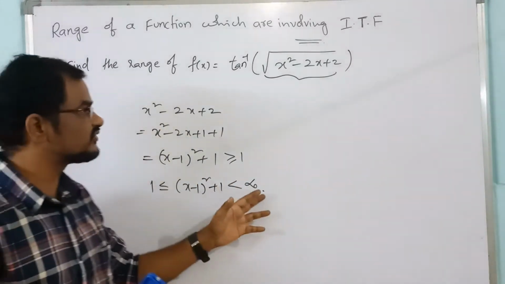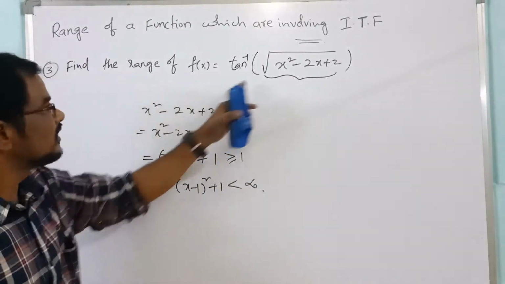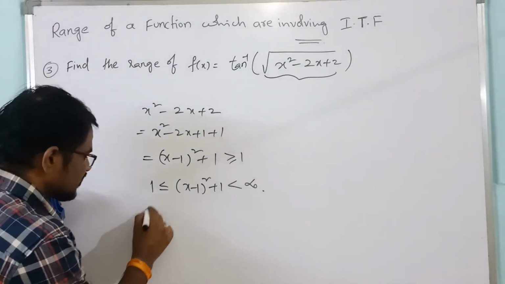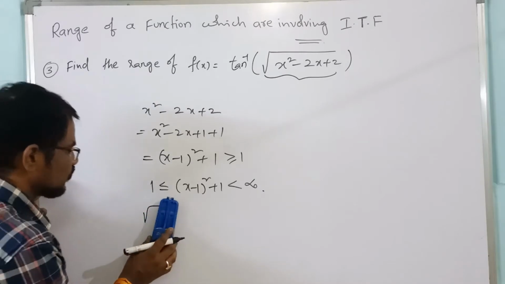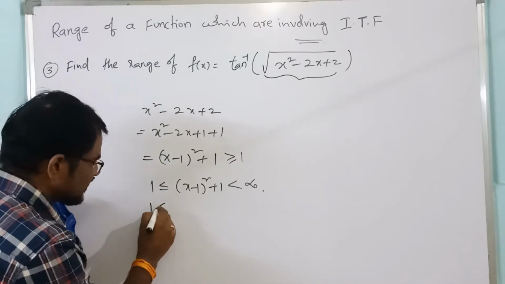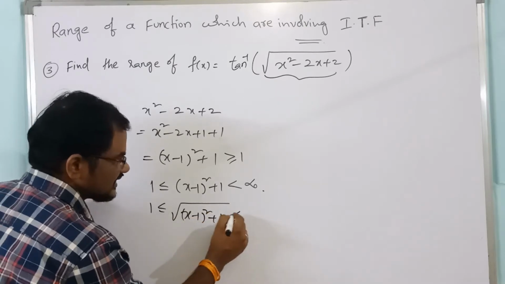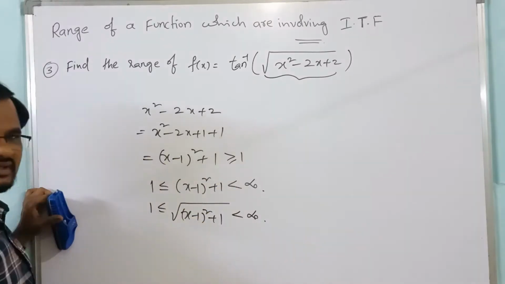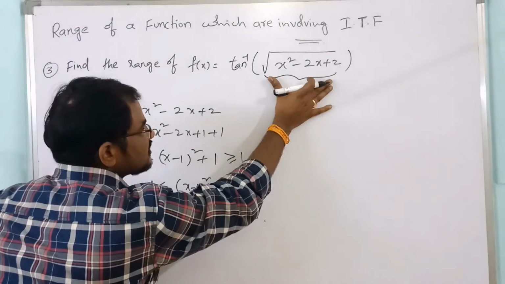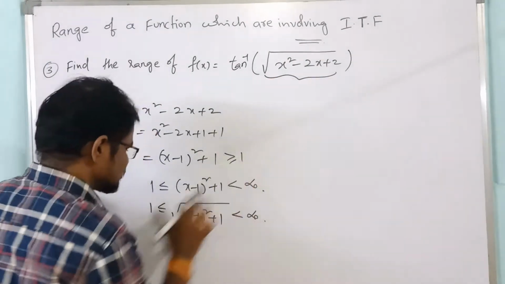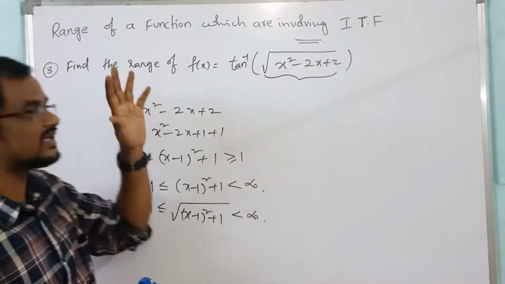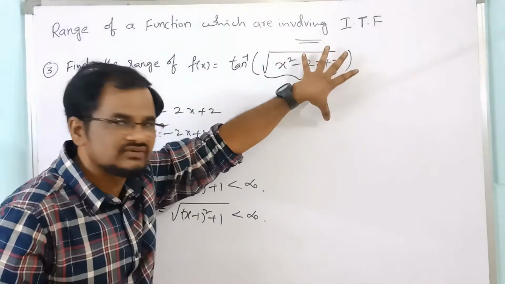So 1 to infinity, all are positive values. So if you take the root, root of 1 is 1. So 1 less than or equal to root of x minus 1 whole square plus 1 less than what? Infinity. So the range of this expression is 1 to infinity, but we want the range of the function which is tan inverse of this one.